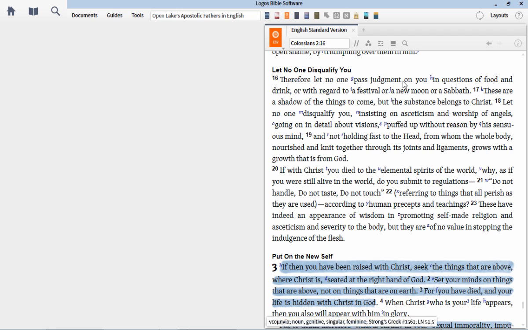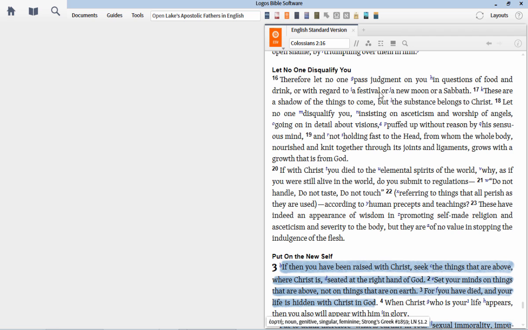Therefore, let no one pass judgment on you in questions of food and drink, or with regard to a festival, new moon, or Sabbaths. A lot of Christians say this refers to annual, monthly, and weekly keeping of festivals.